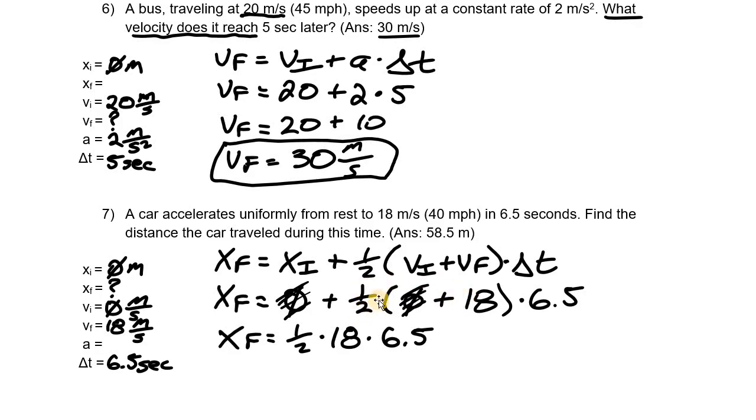We have 1/2, and then that positive 18 is wrapped in parentheses. That tells us that's 1/2 times a positive 18 times 6.5. Don't get that confused. Okay, so we're just going to plug this into our calculator and we'll get the final answer of 58.5 meters.